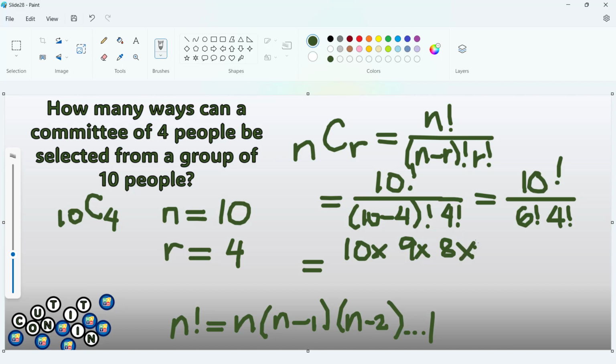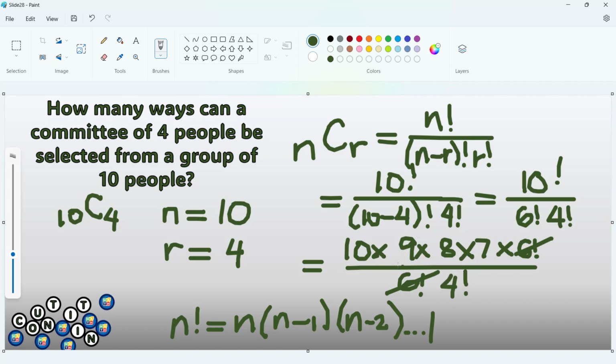So times 7, but this time let me just end at 6 factorial. The reason for that is since I already have a 6 factorial here in the denominator, I could automatically cancel that. Of course, I could continue with 6 times 5 times 4 times 3 times 2 times 1, the same with the denominator, but nevertheless, I could cancel both of them. I still have 4 factorial here.